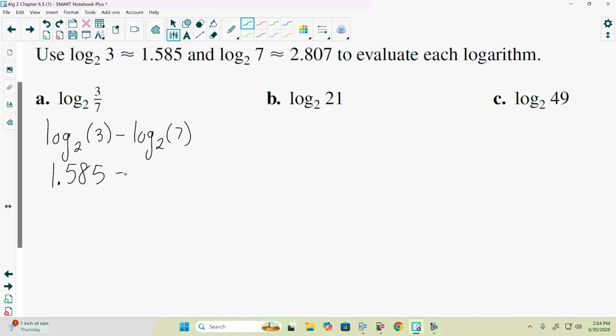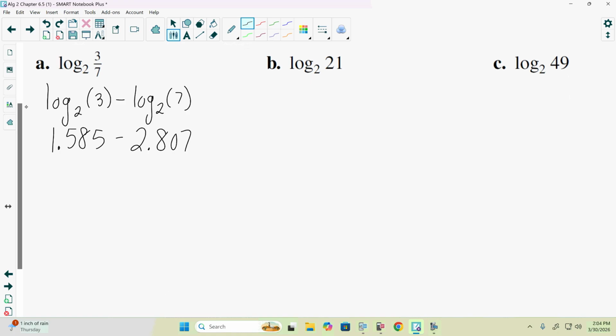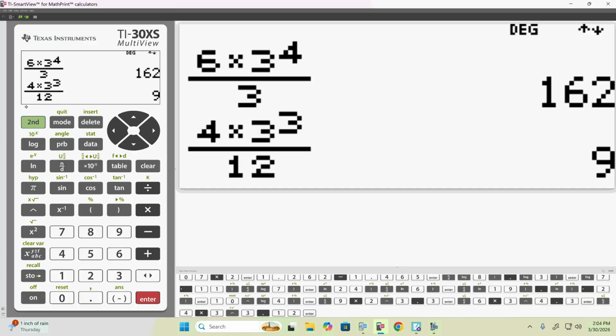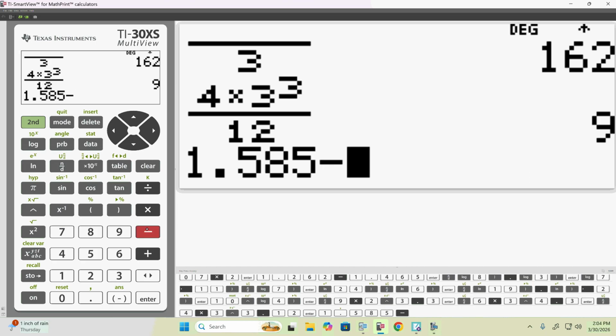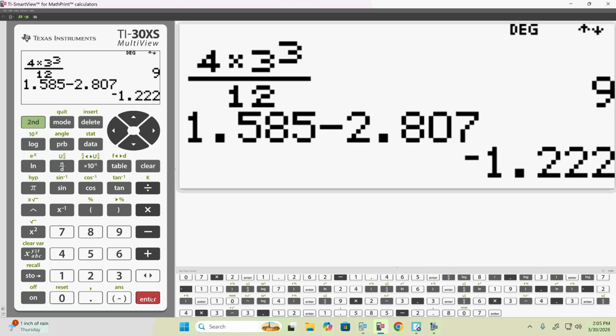We also know that log base 2 of 7, it told us, is 2.807. So I was able to rewrite it in terms of logs that we actually know the value of. We can replace them with their value. And now we just need to subtract 1.585 from 2.807.